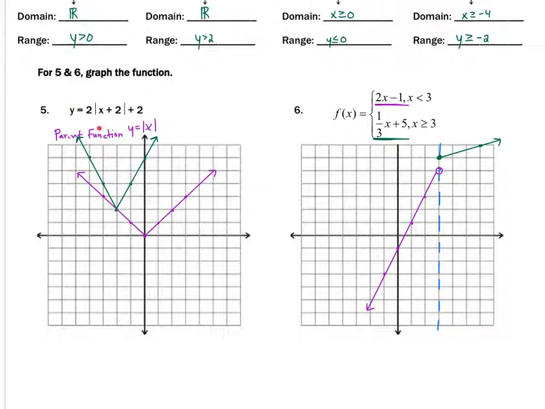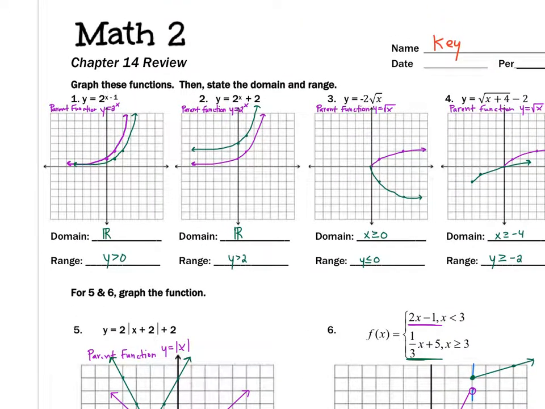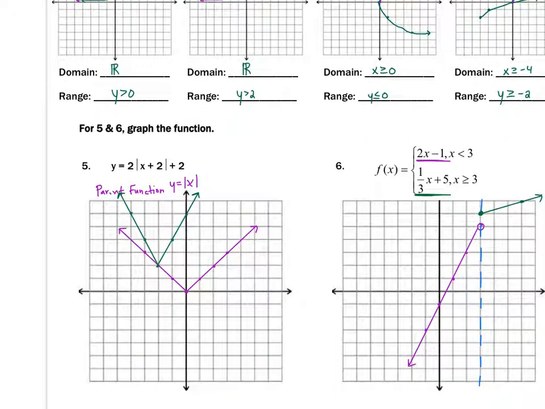Now, for our function, 2 times the absolute value of x plus 2, and then plus 2 on the outside. Since it's inside the absolute value, same as if it were under the square root, like in 4, or in the exponent, like in 1, those are our left and right movements. Those are opposite of what we would think.